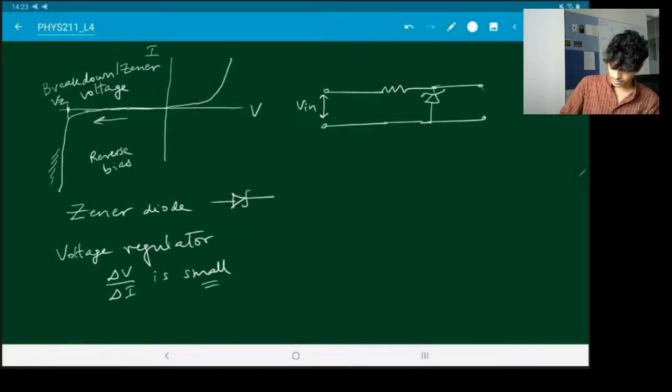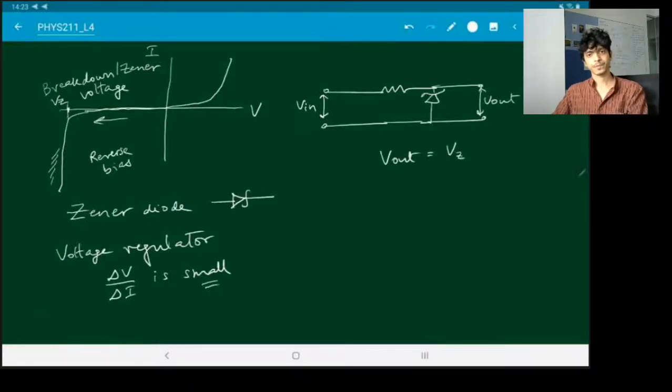So let's say this is the input over here, and I'm going to measure the output over here, and you can see that the output across this reverse biased Zener diode will always be the Zener voltage. So this acts as a voltage regulator.